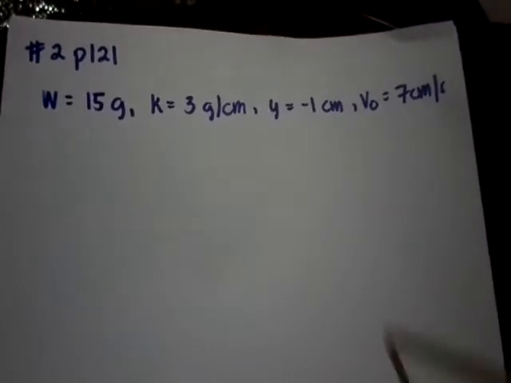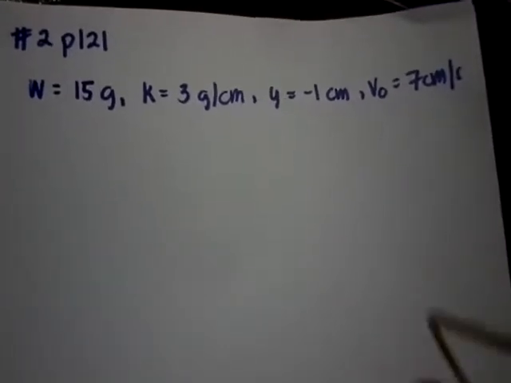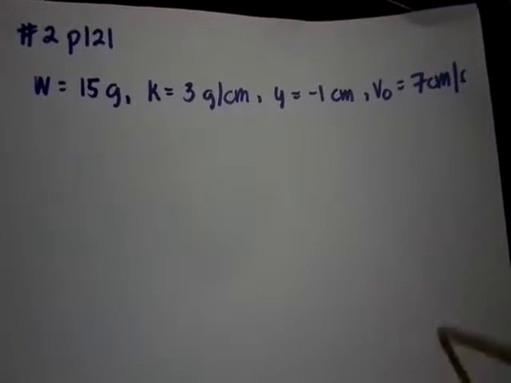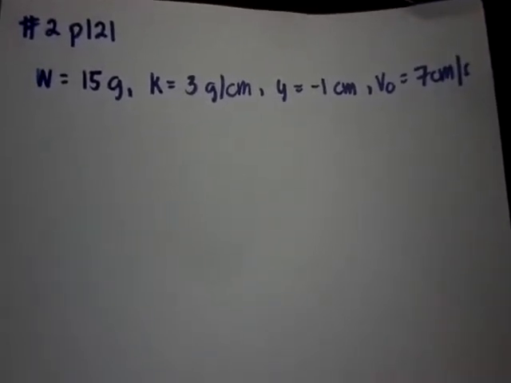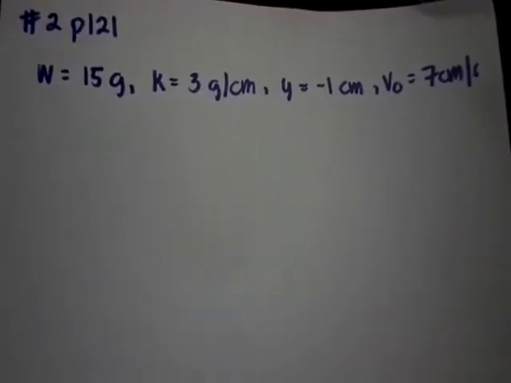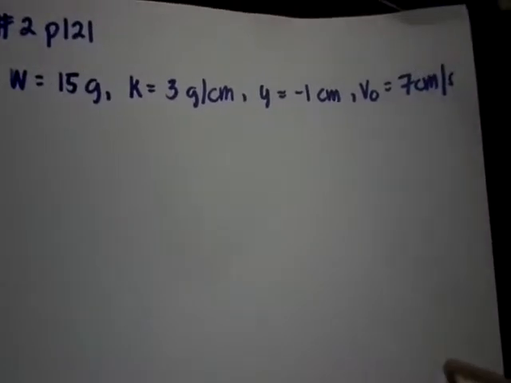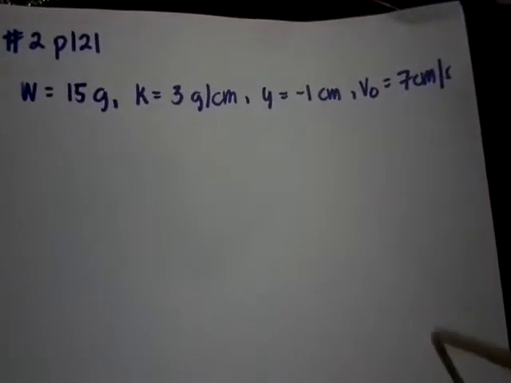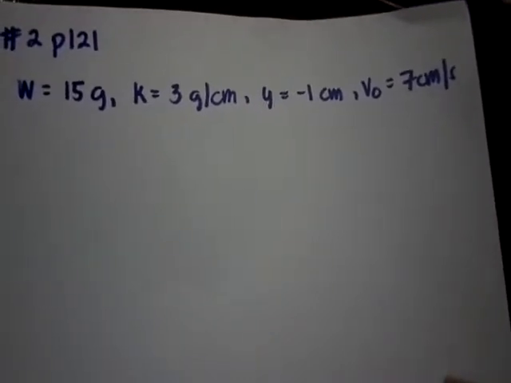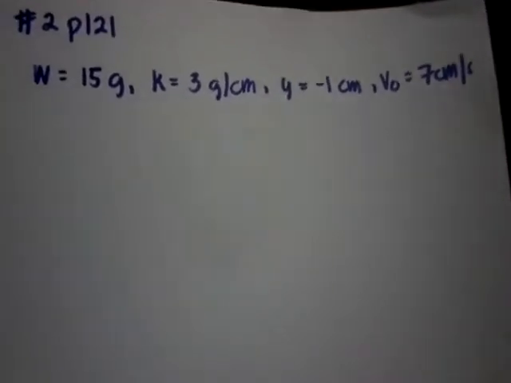Number 2, page 121. This is a problem about a spring mass system with a given W equal to 15 grams, k is equal to 3 grams per centimeter, y is equal to negative 1 cm, and v0 equal to 7 cm per second.